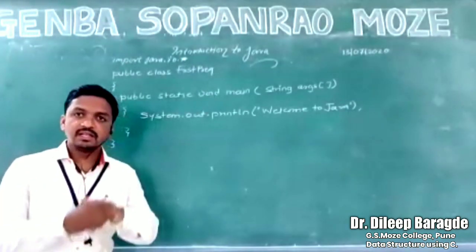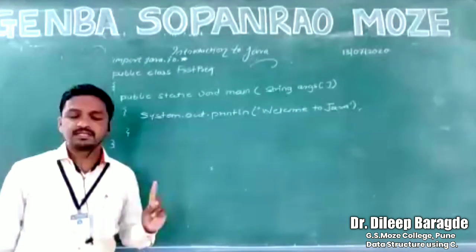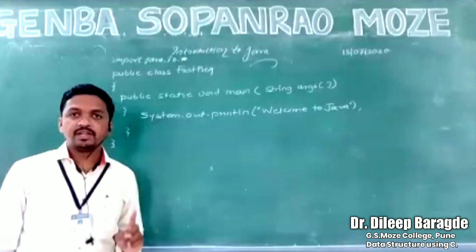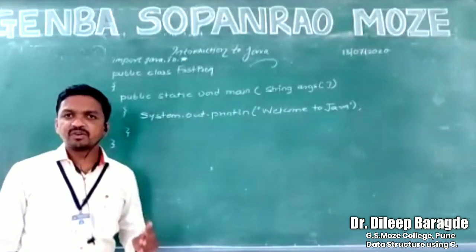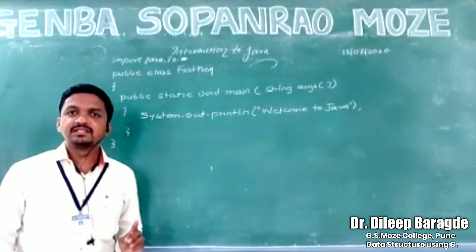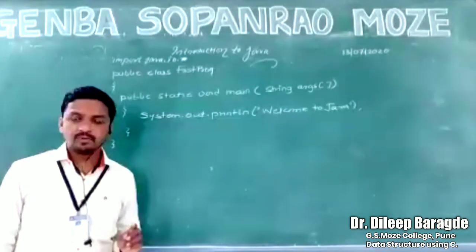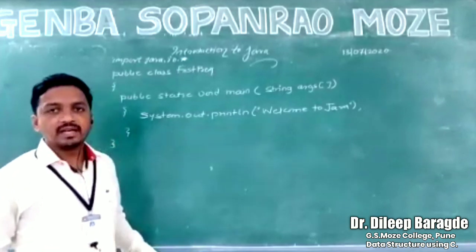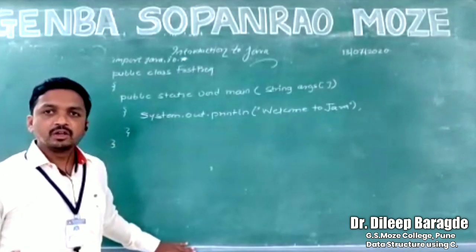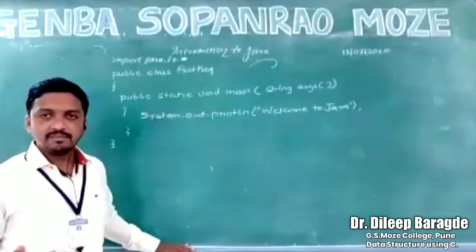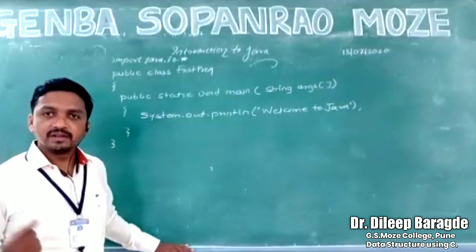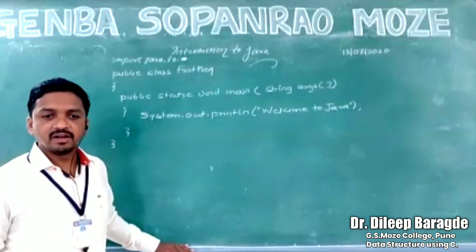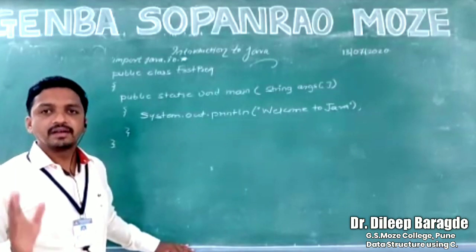Another thing I will tell you about the basic things of a Java program. Whenever you are giving the name of a Java class, it should always start with a capital letter. This is a good programming habit. In a Java program, whenever you are writing class names or method names, they always begin with a capital letter, and if another word is connected to the name, that also starts with a capital letter.